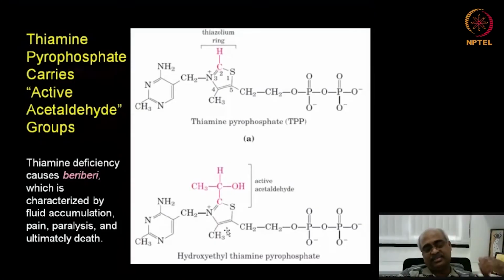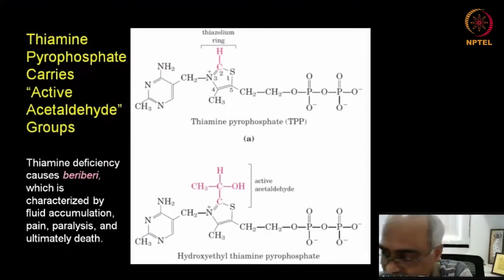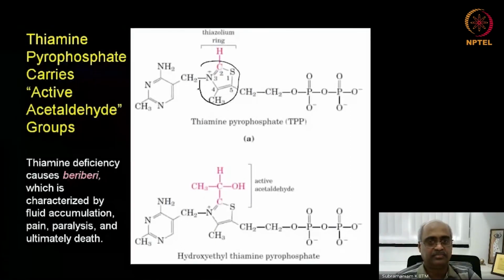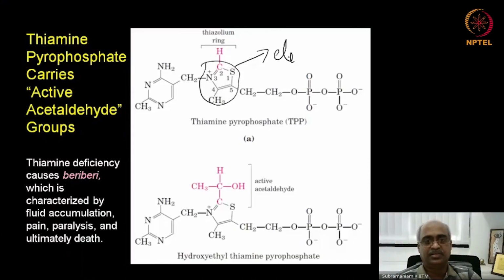That theme will reoccur again and again, and such ring structures we call electron sinks. I'm sure you may have learned this in chemistry somewhere, but I just want to refresh your memory. So these are called electron sinks. This kind of structure is an electron sink.